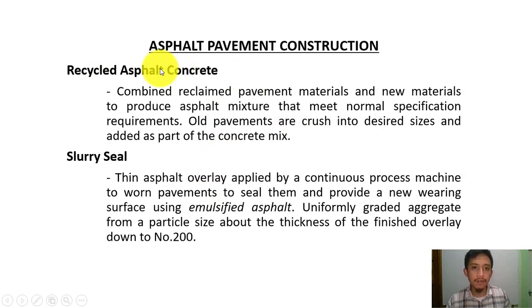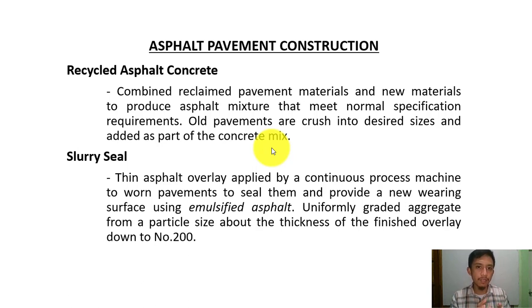So, recycled asphalt concrete, what is this? It combines reclaimed pavement materials and new materials to produce an asphalt mixture that meets normal specification requirements. Old pavements are crushed into desirable sizes and added as part of the concrete mix. We do this most of the time on highway pavements, where they will be recycling.